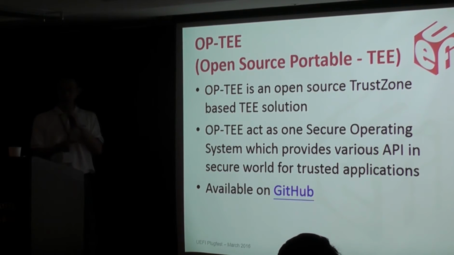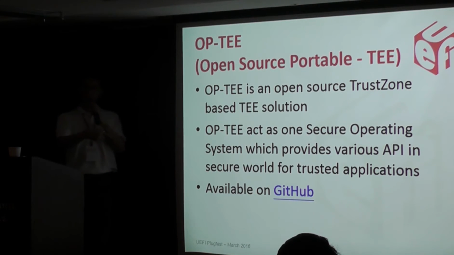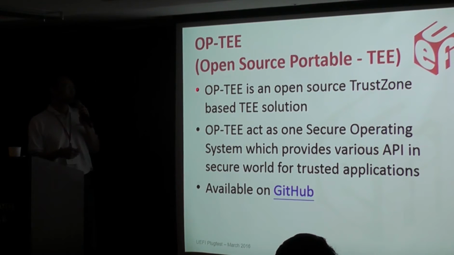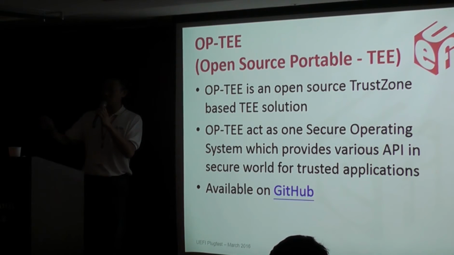Next thing is OP-TEE. As I just explained in the previous slide, there are Trusted OS interfaces. The Trusted OS is also the secure OS. There is an available open source TEE solution online, also available on GitHub. So what's the TEE for?